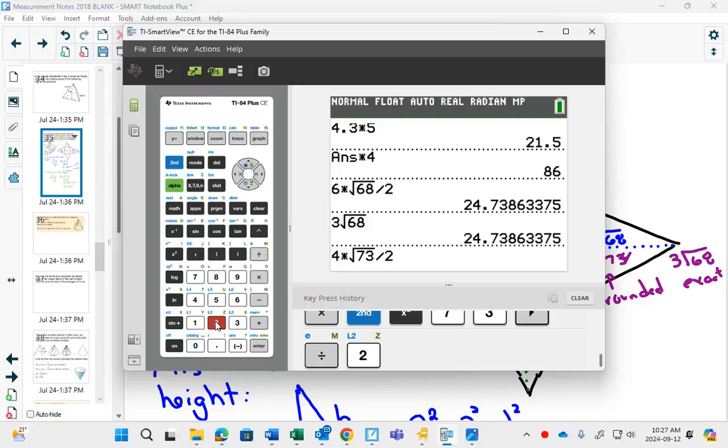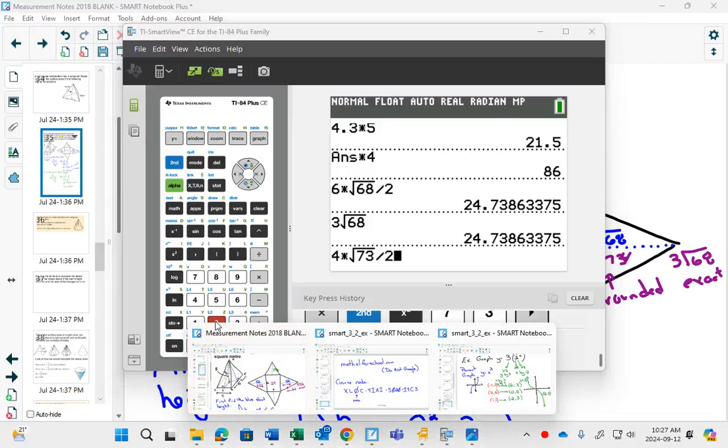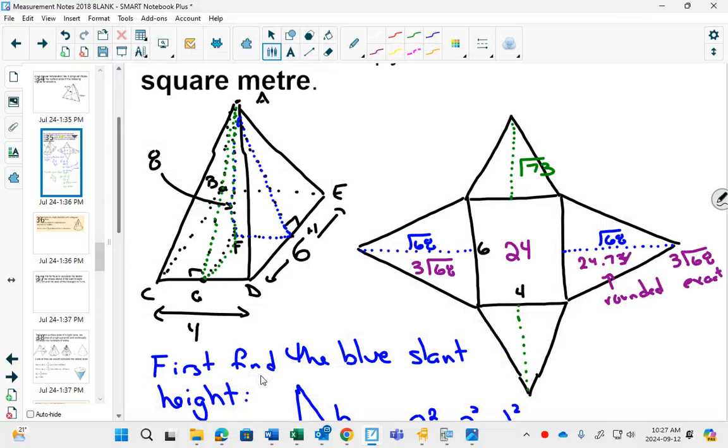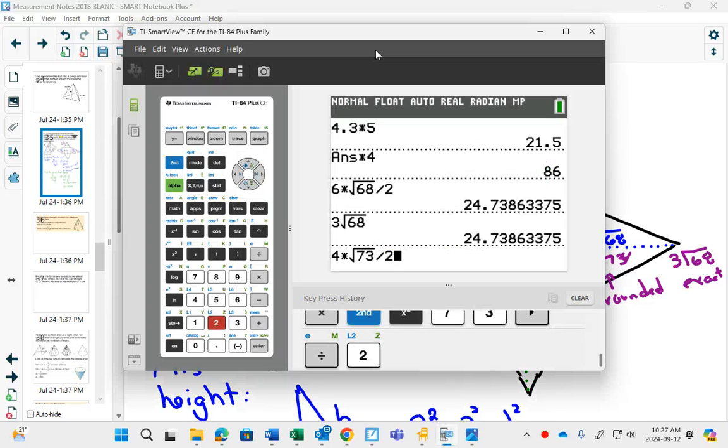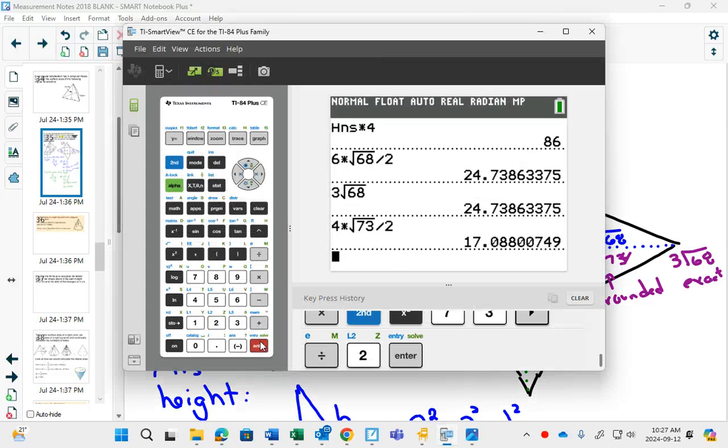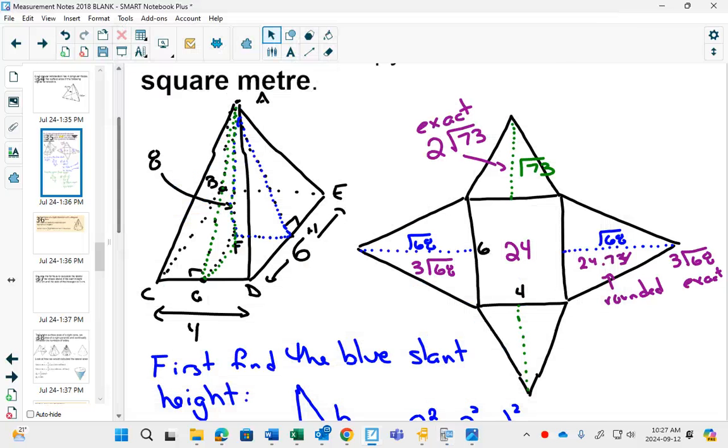So if I had a non-calculator part of this question, I would say 4 divided by 2 is 2. So I know that the area of this section, that's my exact. If I push enter on my calculator here, I'm going to find out what it is, rounded: 17.088.